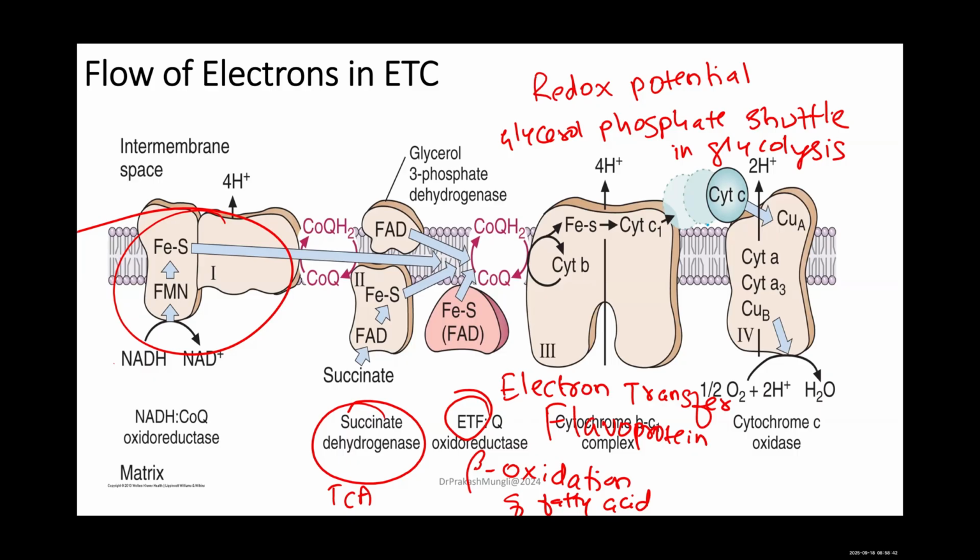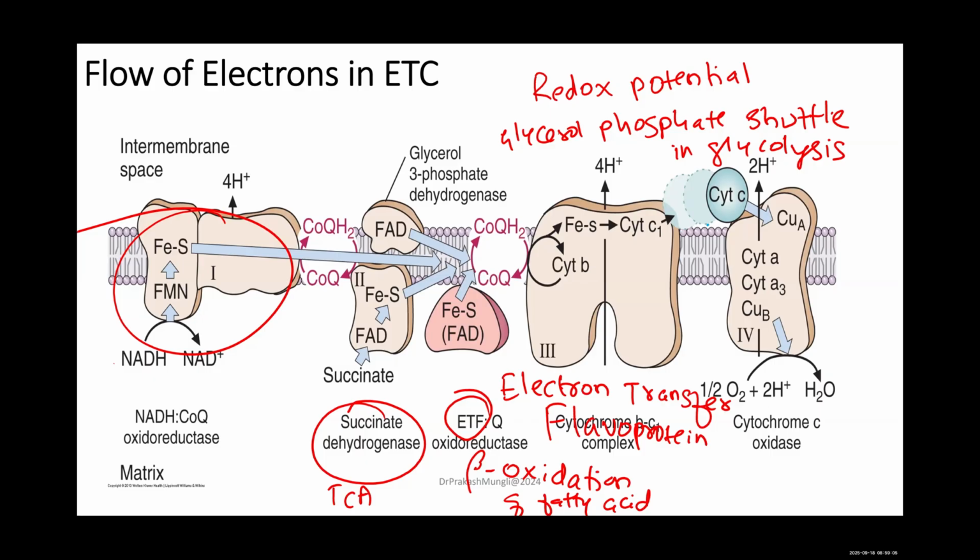So it takes from NADH while oxidizing NADH into NAD, and then gives it to coenzyme Q while reducing coenzyme Q into coenzyme QH2, as you can see in the figure. That's why this complex is called NADH CoQ oxidoreductase.